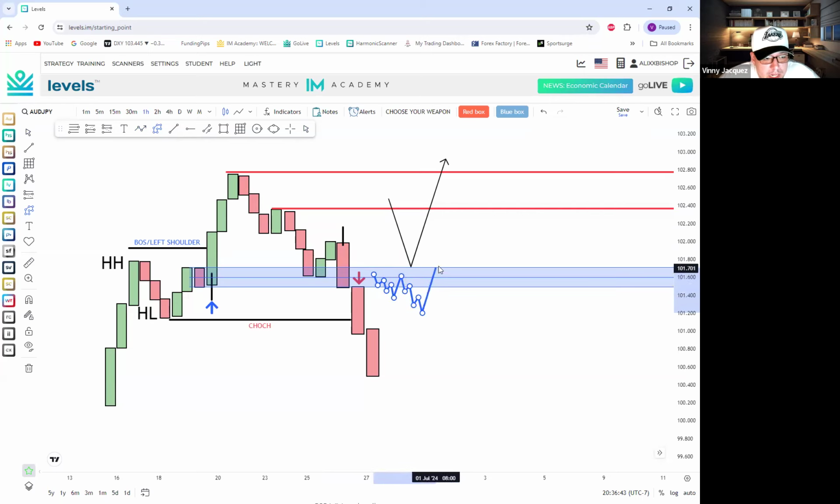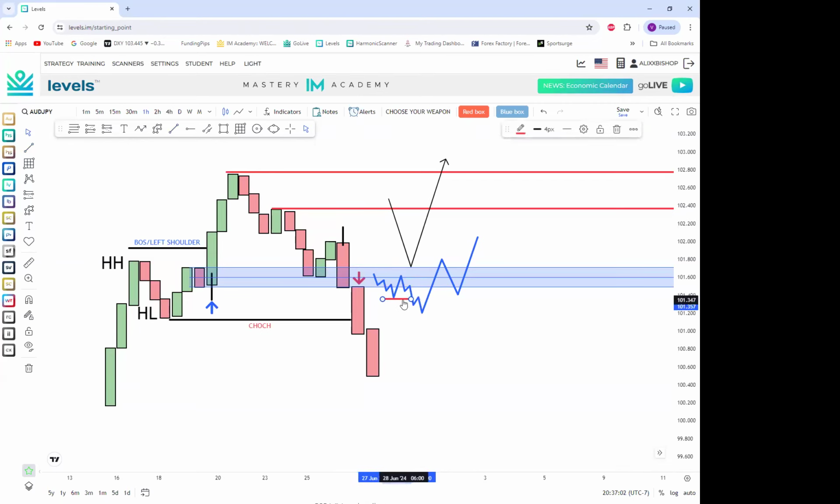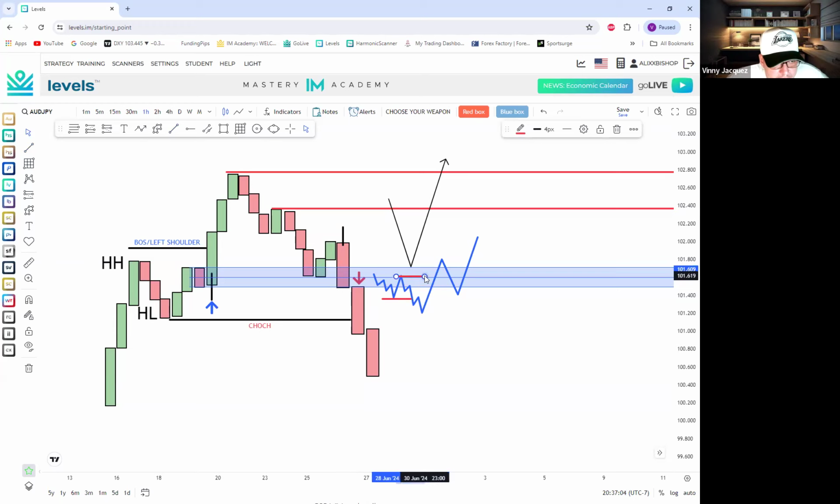As soon as we break and close above that, I'm looking to start taking some buys. So we finally get this little BOS to the downside right there. I realized on the 1 minute I've been getting caught in some of these plays, getting clapped, so I like to wait for at least the 5. Once we break structure to the downside and get that change of character, we can start looking for some buy opportunities.